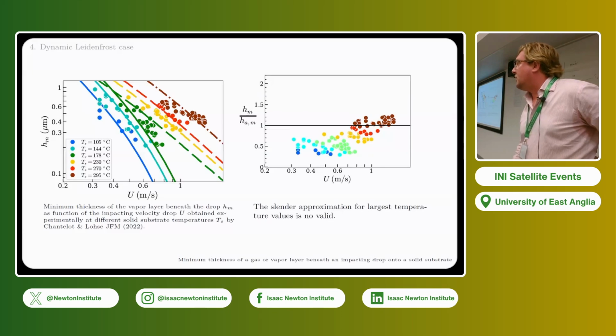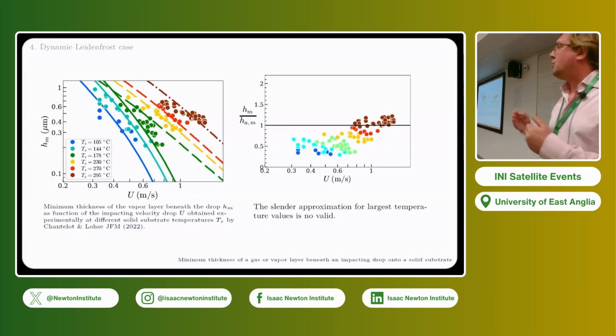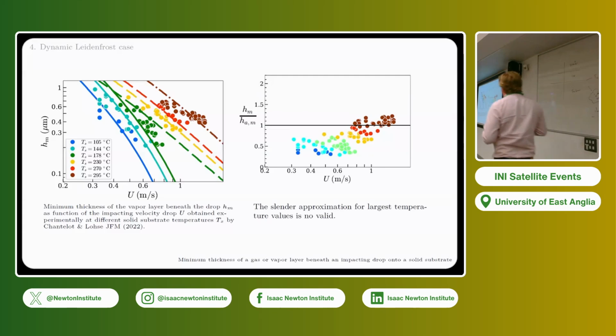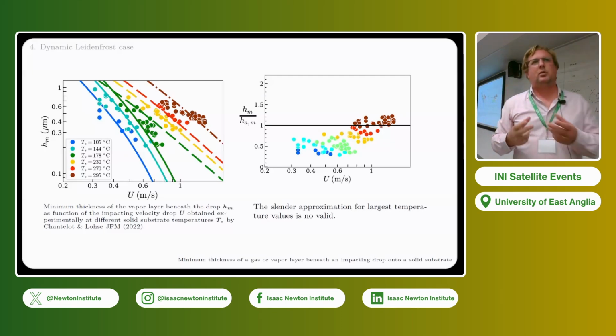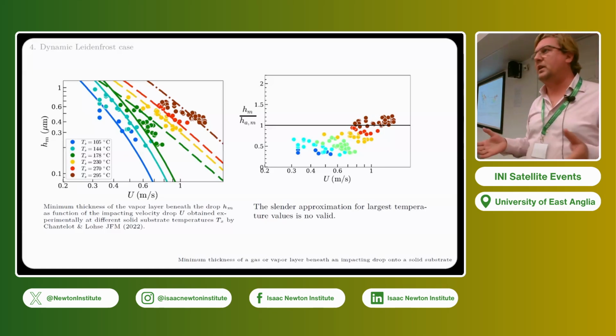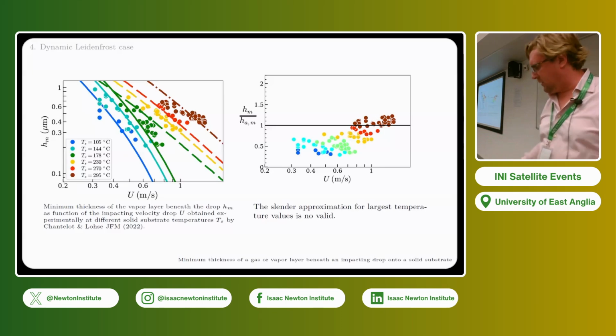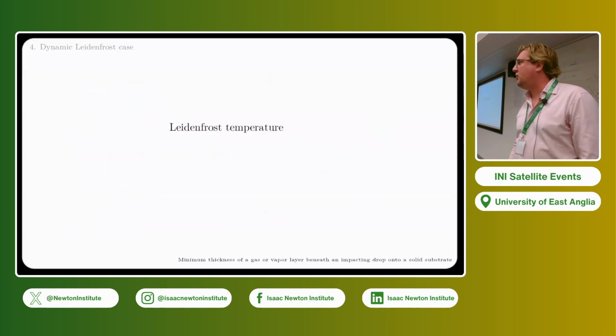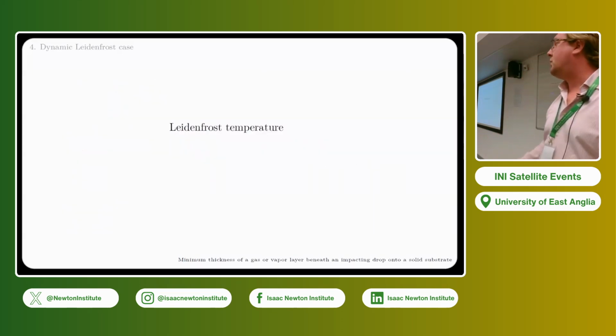And we think that the agreement is not so good because if we plot the minimum thickness compared to the inertial scale, which is this line, we observe that they are close to 1. So using the slender theory in this case is not so good, because this region is not slender. So I finish with the Leidenfrost temperature.